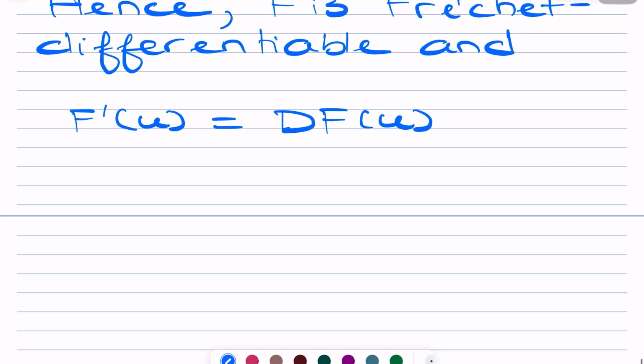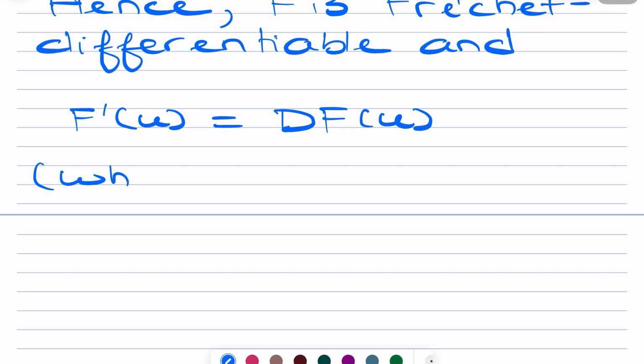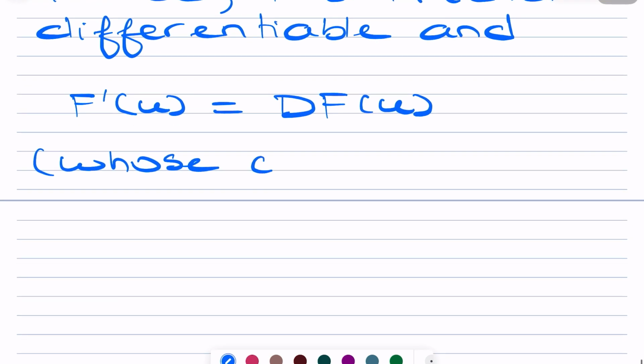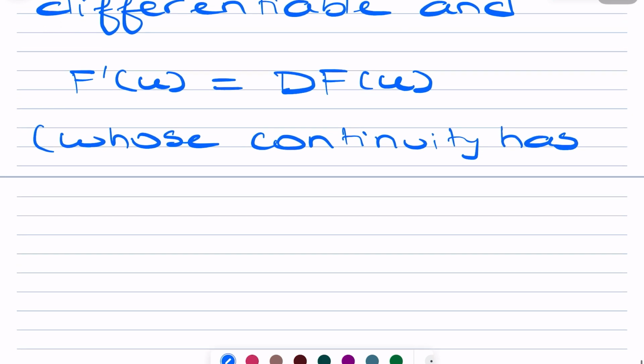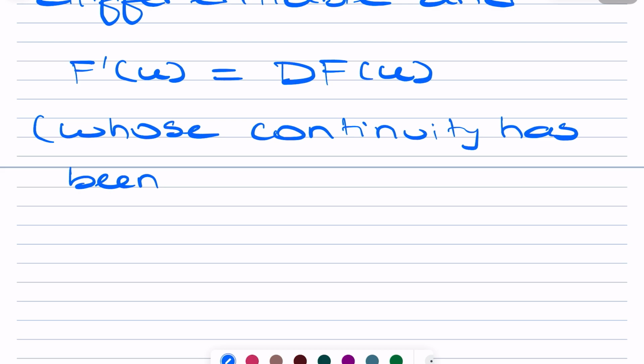And of course, we proved already that this Fréchet derivative is continuous. So the continuity has been proven already. You can pause the video and go back if you want.